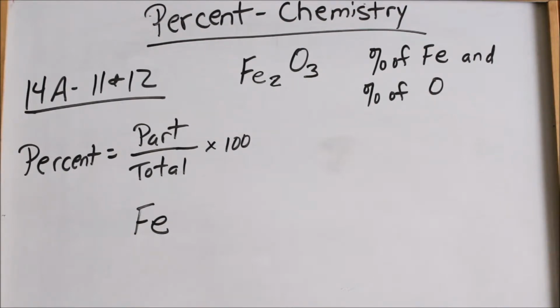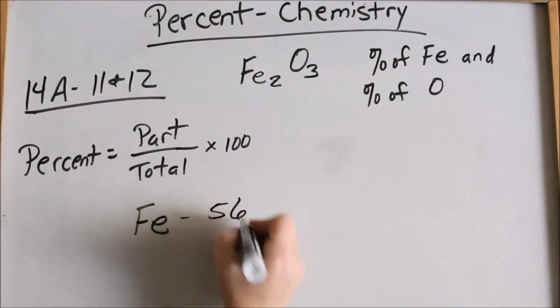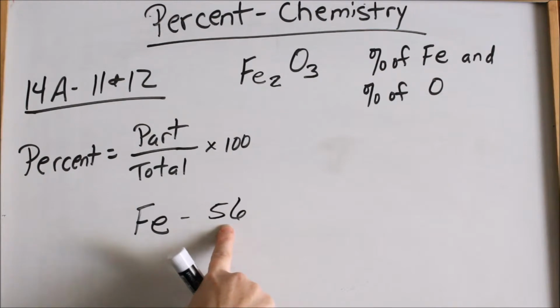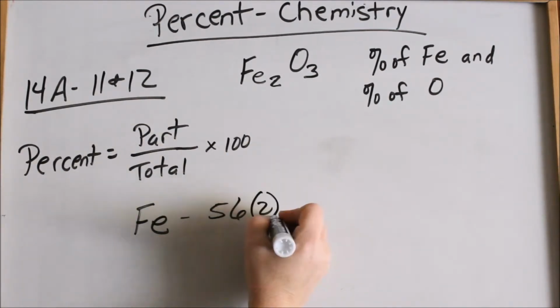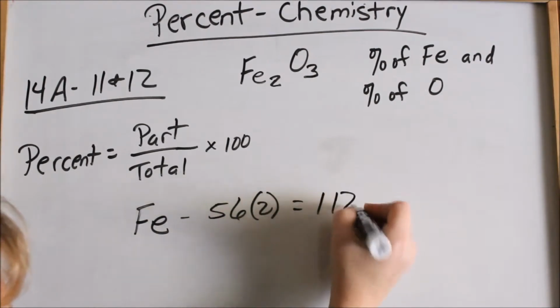If you go to the periodic table, you probably will have decimals, so I'm using rounded numbers for my atomic weight. For iron, you're going to see that it's 56, but I have 2 of them. This subscript tells me I have 2, so I need to multiply that by 2, and that would be 112.